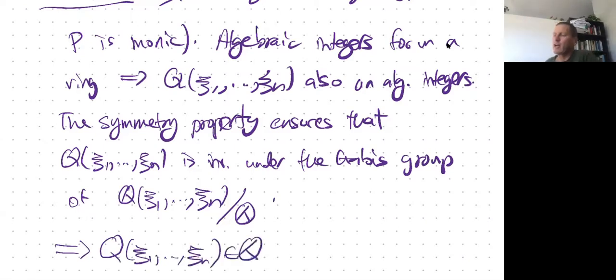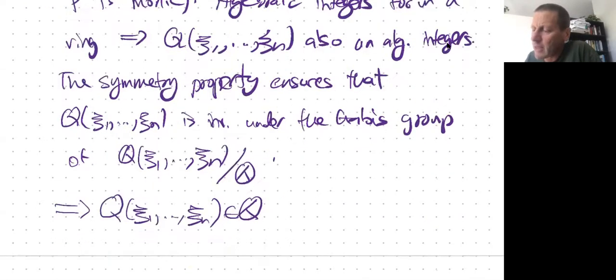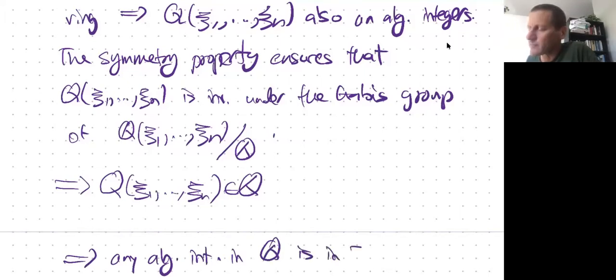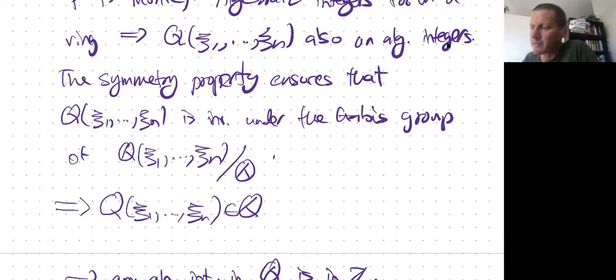If you're invariant under the entire Galois group, you have to be a rational number, but you're also an algebraic integer. And so any algebraic integer in Q is actually in Z. So that's sort of the proof sketch for this fact.